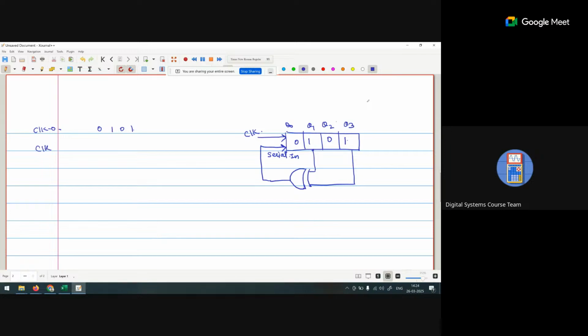After clock 8, what is the data? After 8 clocks, what is the data? Okay, so you can try it by yourself.